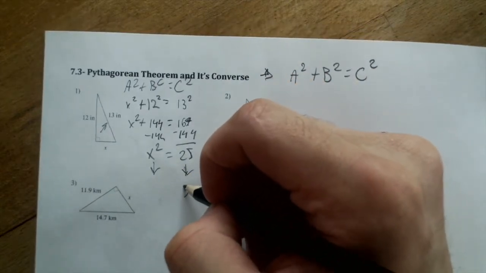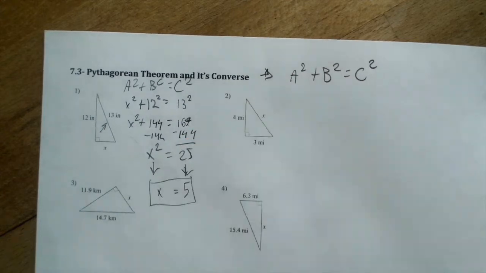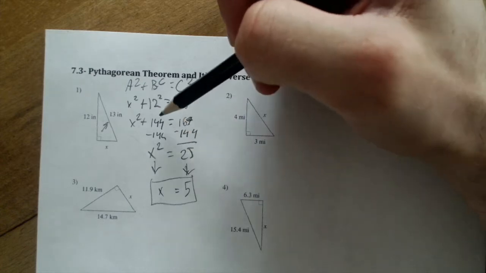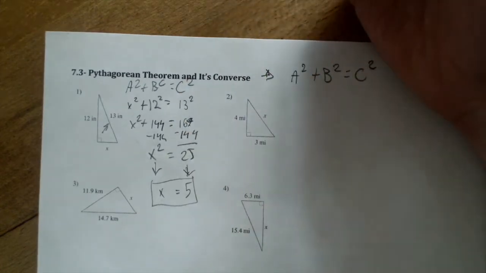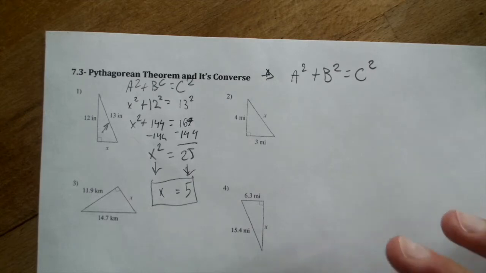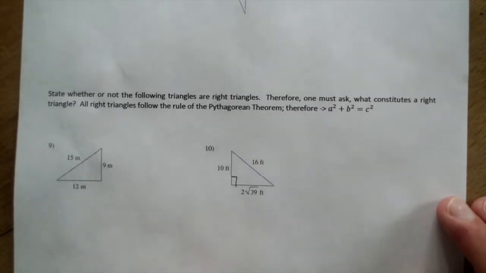That's going to be 5. All right, so in this figure, we end up getting a value of x of 5, and 25 plus 144 equals 169. We also know that, therefore, that is a right triangle. Because if we have another question down on the bottom, write an explanation for you.